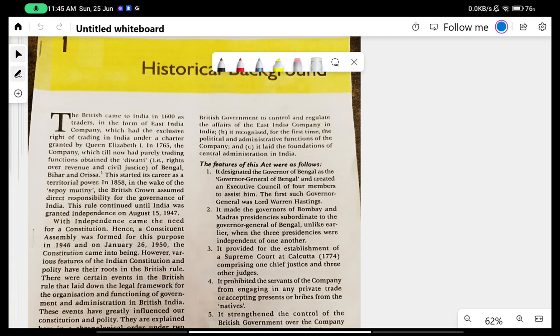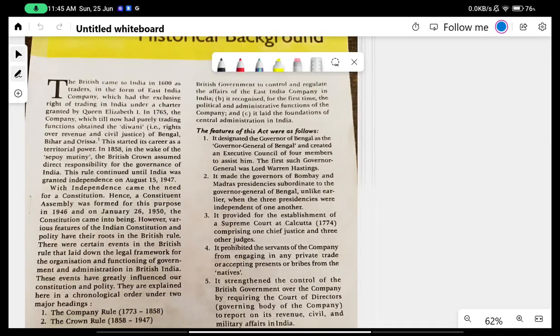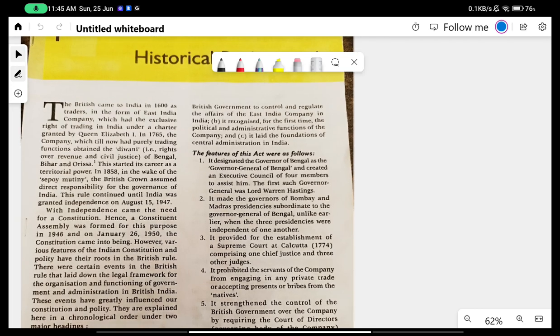This chapter talks about how our current political system is borrowed from the British political system, and how the several kinds of acts that the British threw upon our Indian system in order to govern it more efficiently actually helped shape our current political system, and how so many things we have taken from all those acts and regulations that the British put during the colonization of India. So this is what it briefly is about.